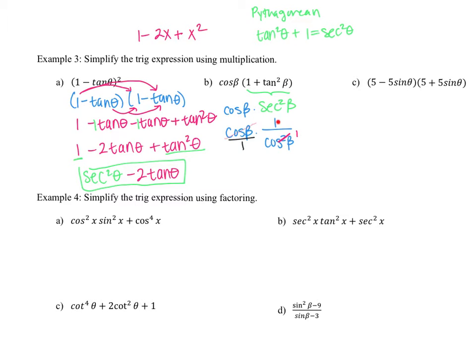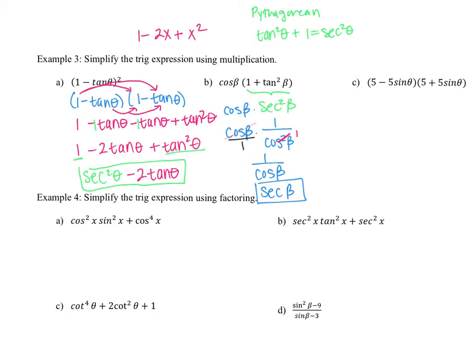So this means I have 1 on the top, since this completely canceled. So I have a 1 in the numerator. 1 times cosine is just cosine in the bottom. And, well, okay, this is what I have left, but I know 1 over cosine is just secant. So my final answer would have to be secant.